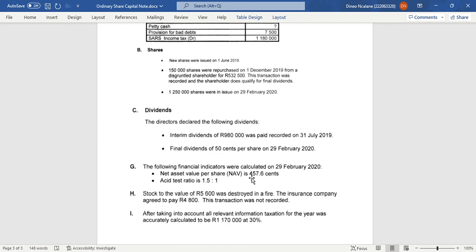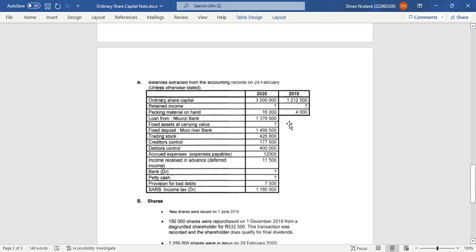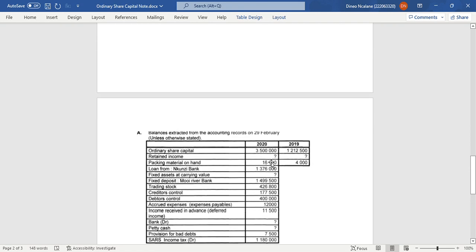Remember, the formula for NAV is shareholders equity over number of shares times 100. Shareholders equity is made up of two amounts, the total of the ordinary share capital and the balance of the retained income. If you go to adjustment A, which has the balances, we have the balance for the ordinary share capital, but we do not have the balance of the retained income.